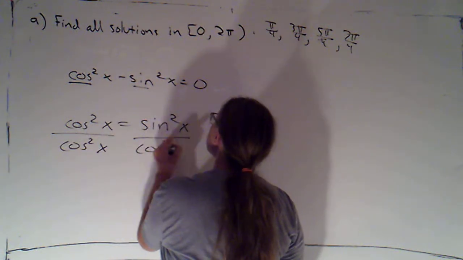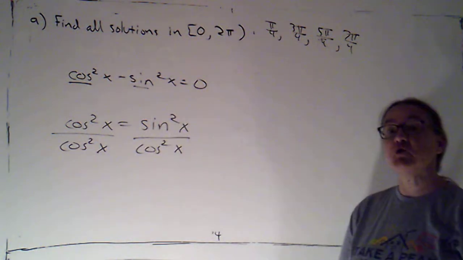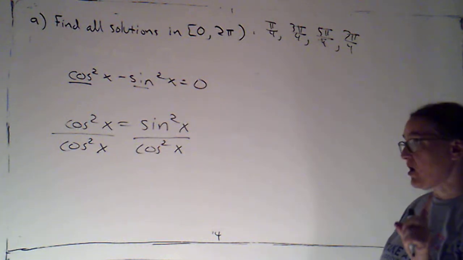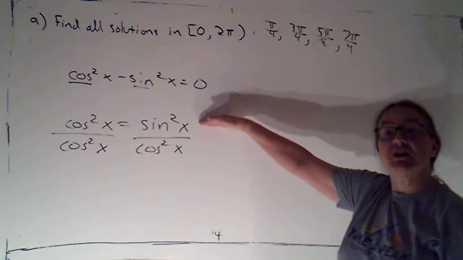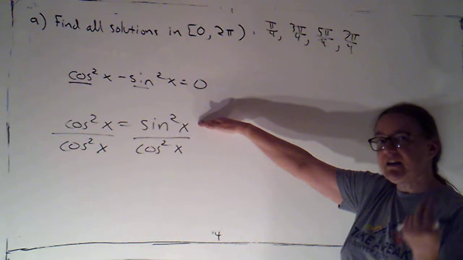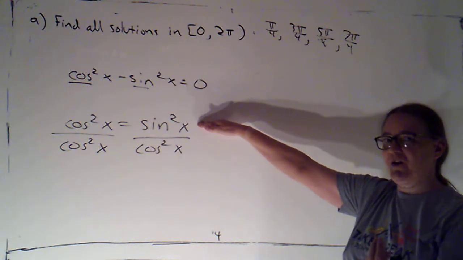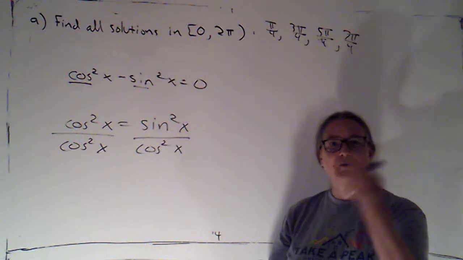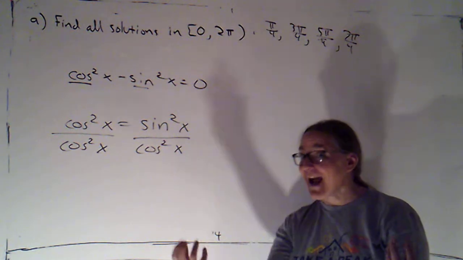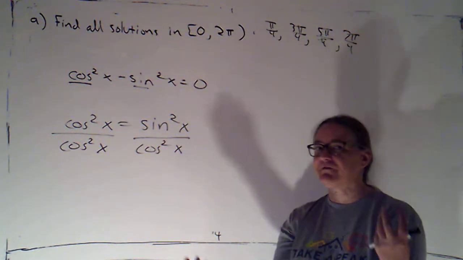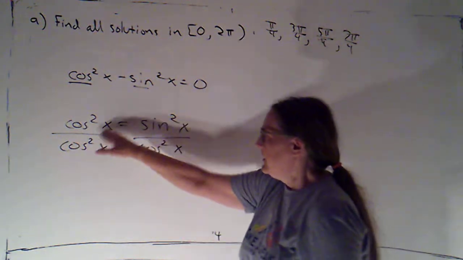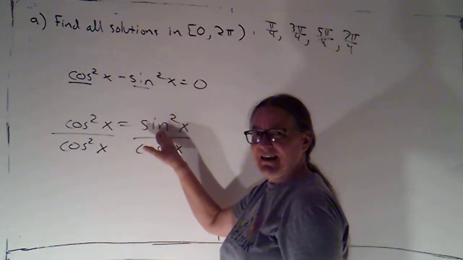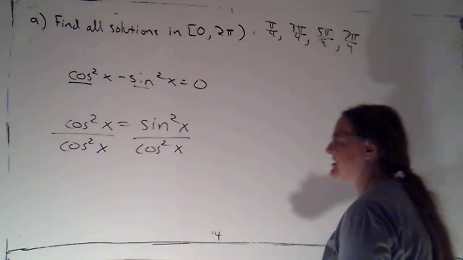I'm just going to justify why I can do that. I know that if this equation is true, neither sine nor cosine is 0, because they're never 0 at the same angle. So if cosine were 0, sine wouldn't be 0, and vice versa. But if when I square them I get the same thing, that wouldn't be possible.